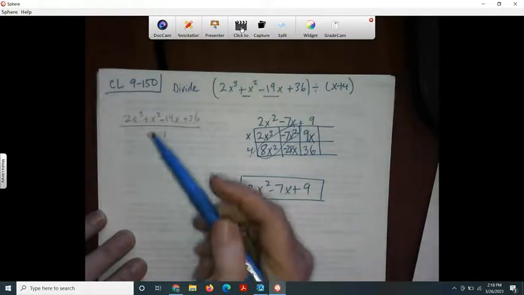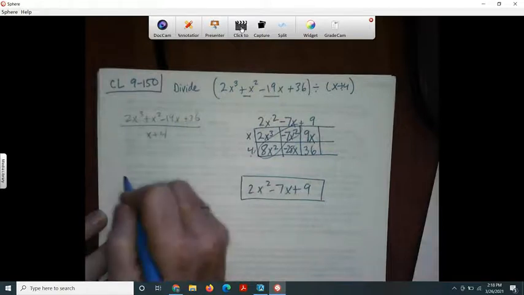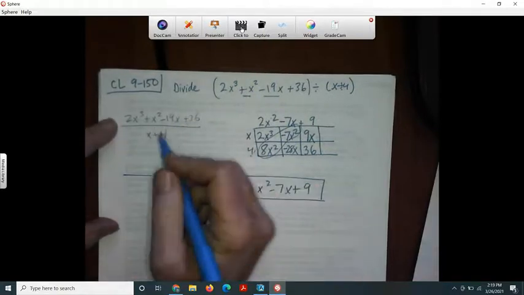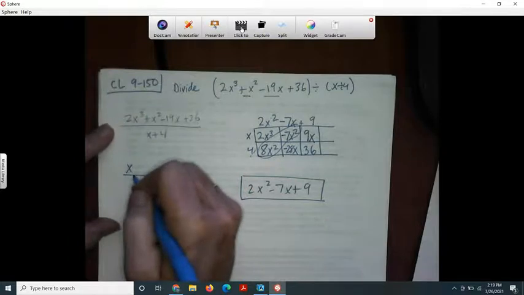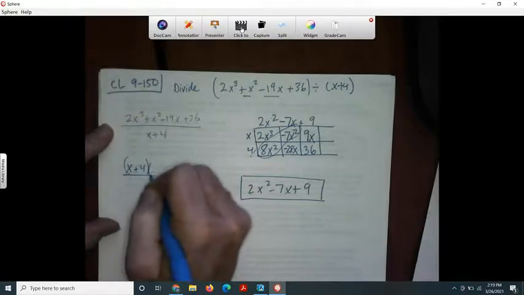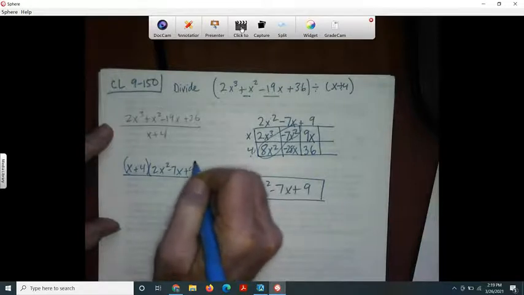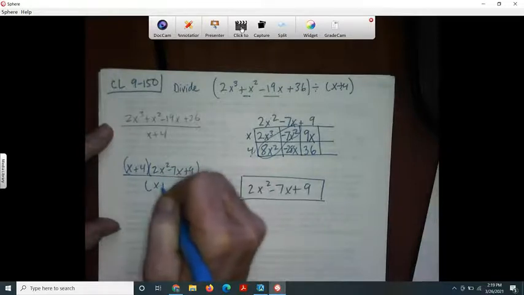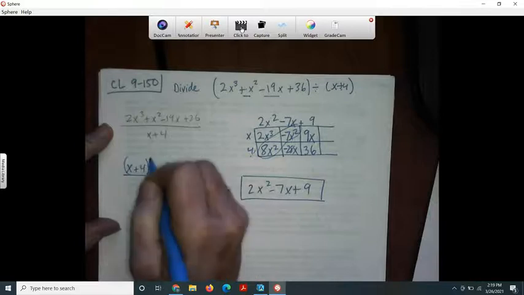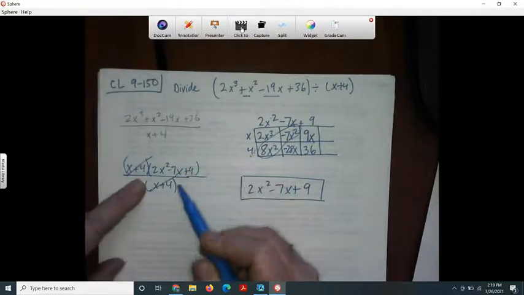Or if you want to look at it this way, I can factor the top now. It's x plus 4 times 2x squared minus 7x plus 9. Now I can pull out, and my answer just ends up being that.